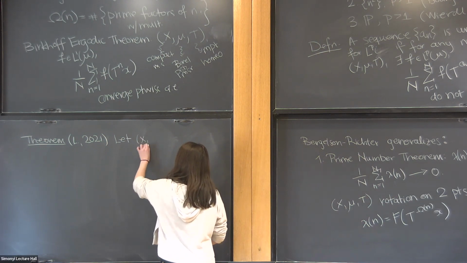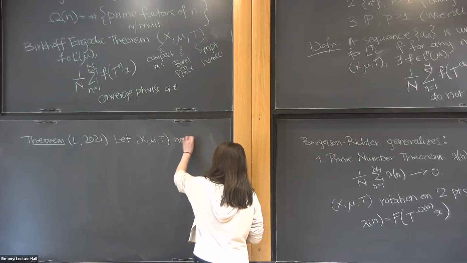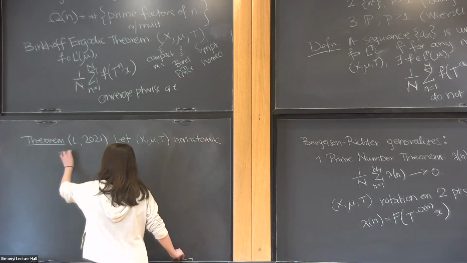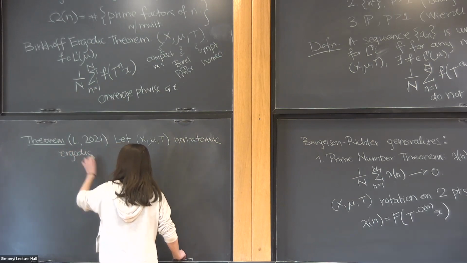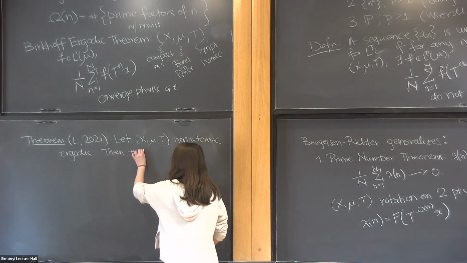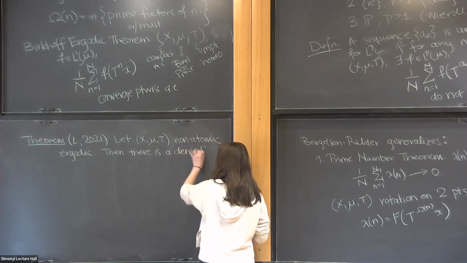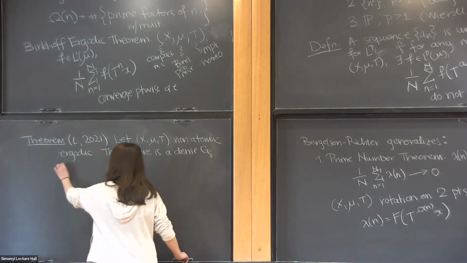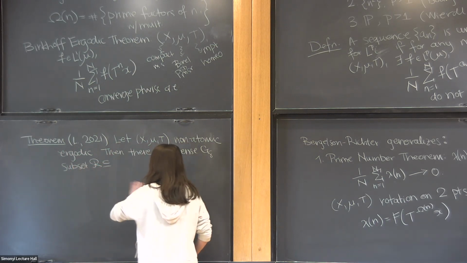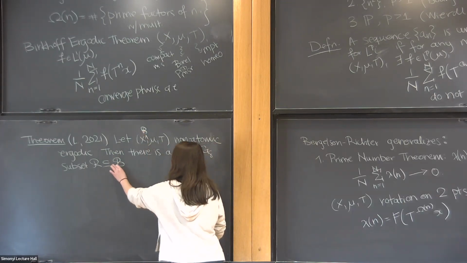So we're going to take X, T to be any non-atomic ergodic system. And we actually get a dense G delta subset R of the Borel sigma algebra.